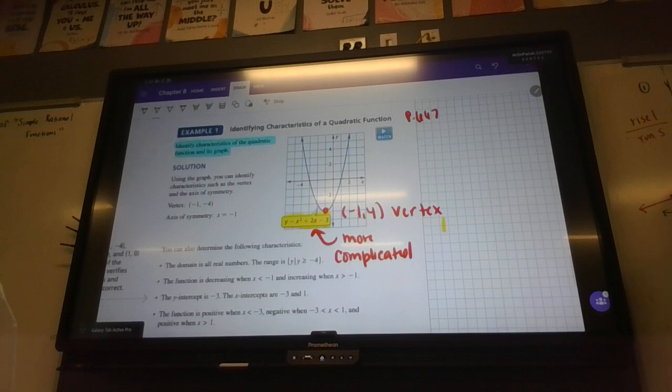I'm going to go ahead and draw an axis of symmetry. You should too. If you have a highlighter, feel free. This dashed line through the middle, axis of symmetry. Yeah, it should. Thanks, Gabe.